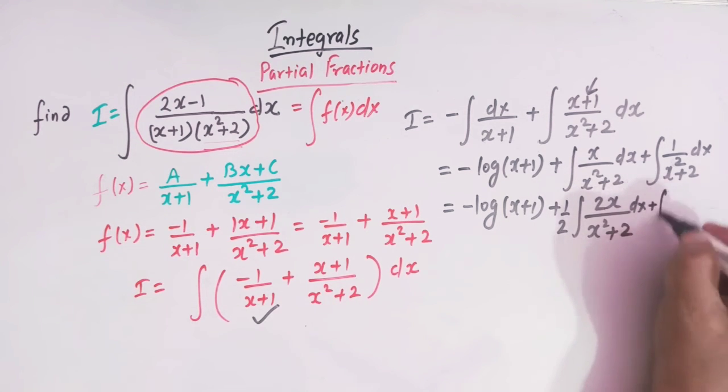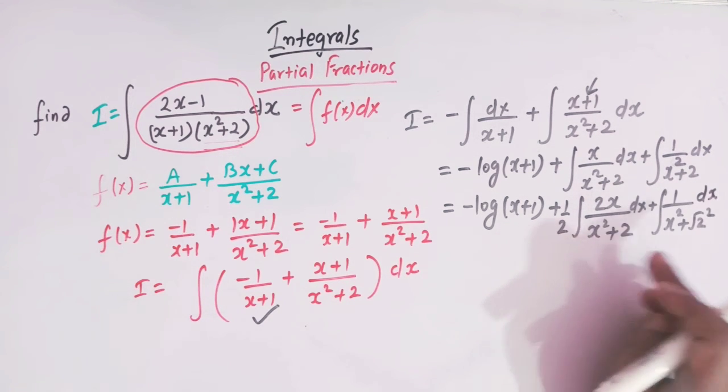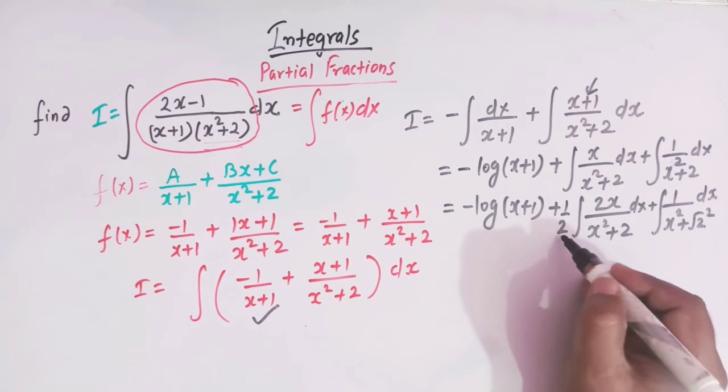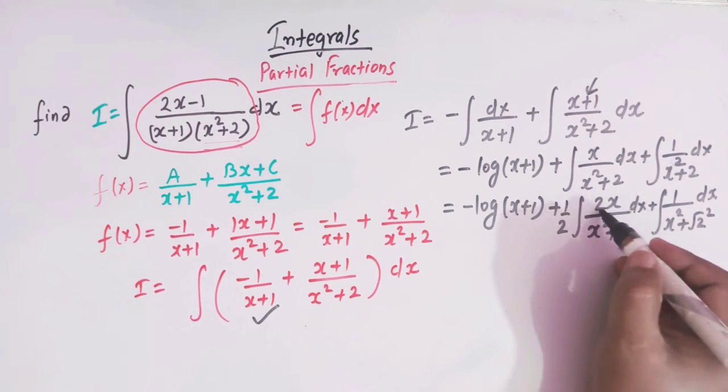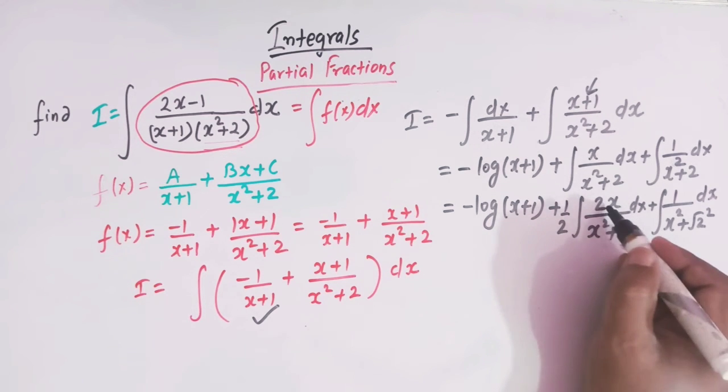And here we have 1 over x square plus 2, and 2 can be written as square root of 2 square, right? So why we have done these two things here, we have taken 2 in the denominator and in the numerator, so the derivative of x square plus 2 is 2x.